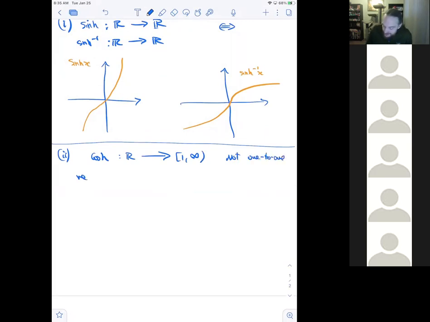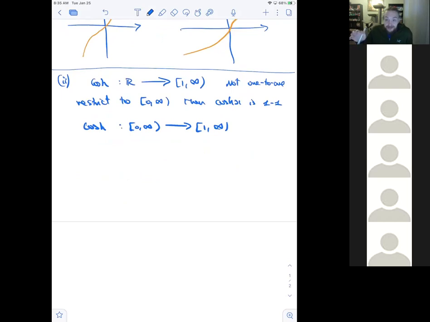Therefore, we're restricting to 0 to infinity. Then cos hyperbolic x is 1 to 1, and we get cos hyperbolic from 0 to infinity into 1 to infinity. That means the inverse, cos hyperbolic inverse, is going to go from 1 to infinity to 0 to infinity.